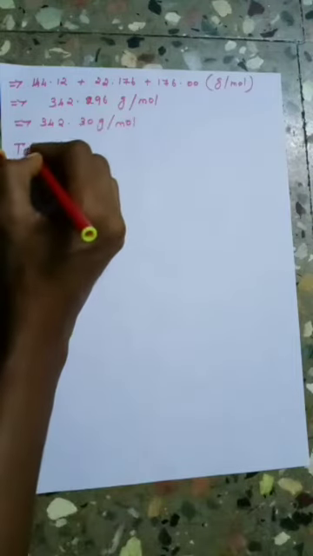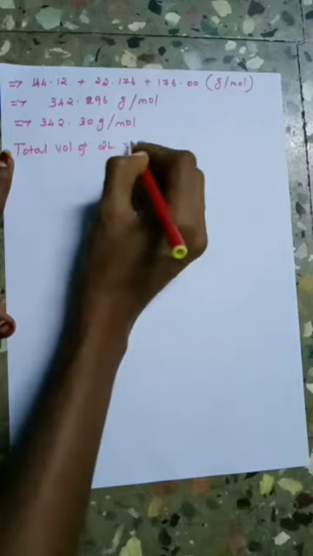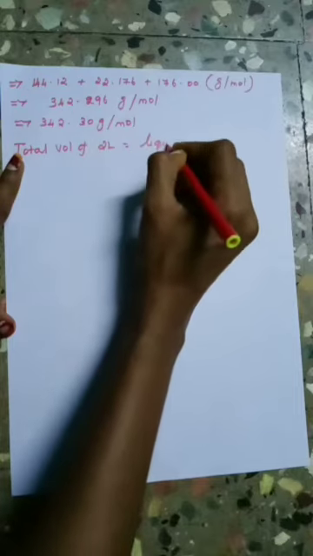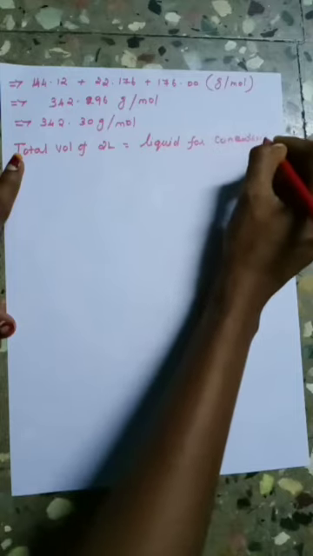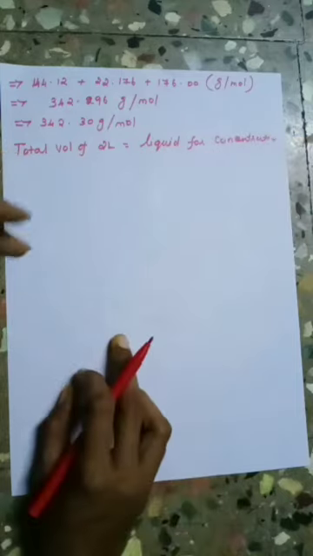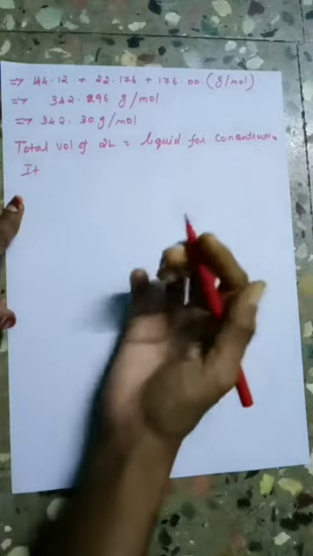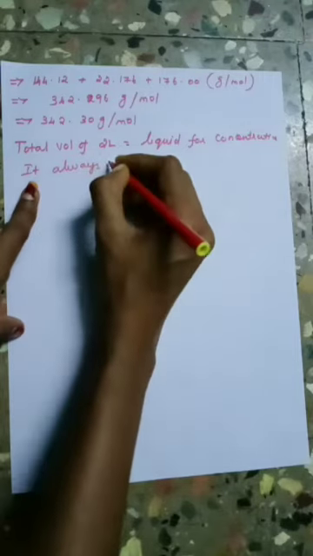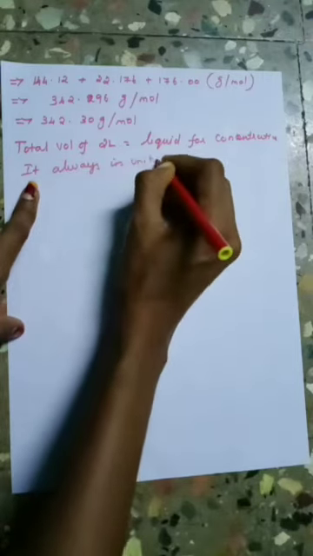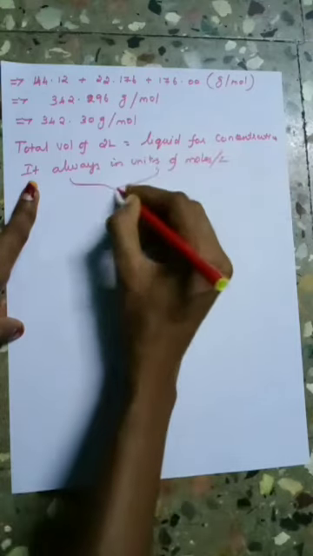So the total volume is 2 liter, and for concentration, it is always in units of moles per liter. Correct?